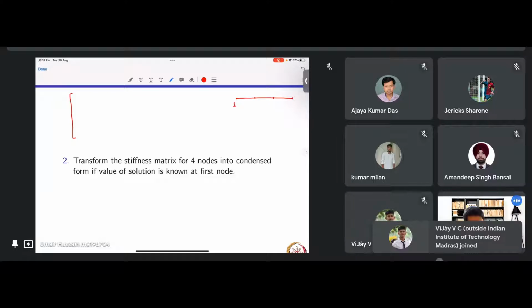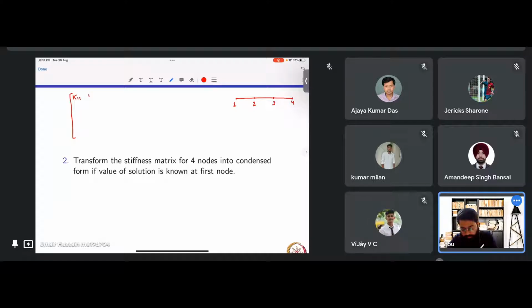So we have 4 nodes here. So we'll have K11, K12, K13, K14, K21, K22, K23, K24, K33, K34 and so on. I'm just omitting the symmetric terms.